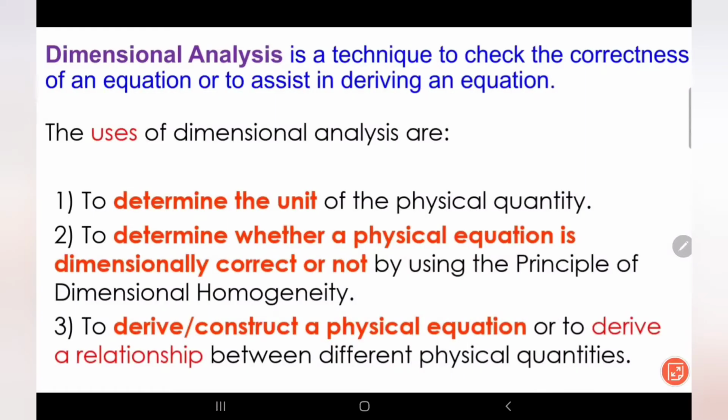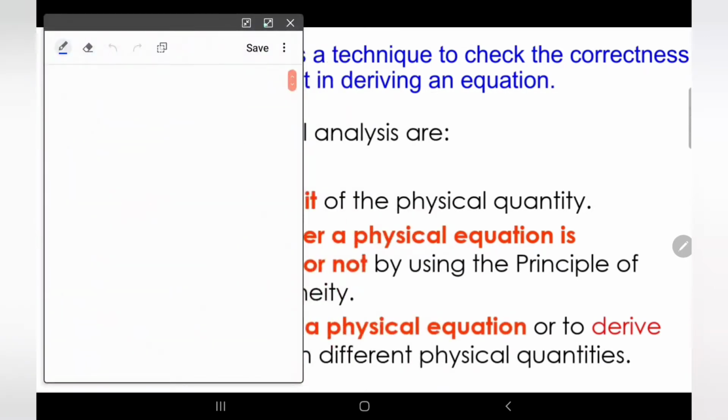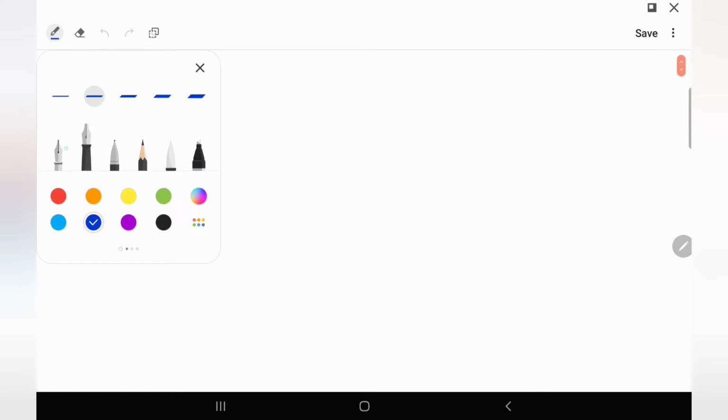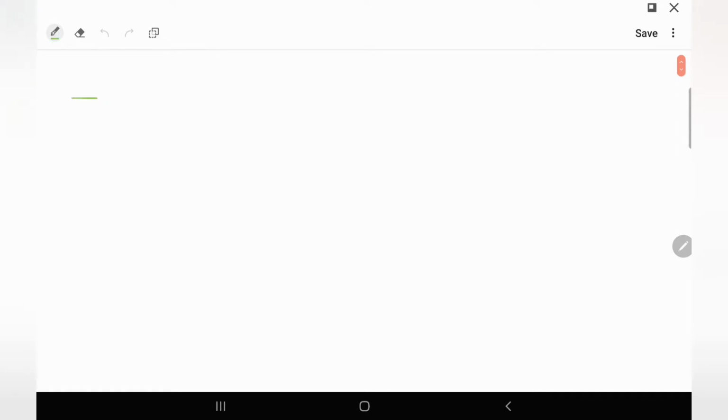Okay, next function is to determine whether a physical equation is dimensionally correct or not, which is by using the principle of dimensional homogeneity. Okay, how is it? Alright, let's say by giving you an equation which is V equals U plus AT.